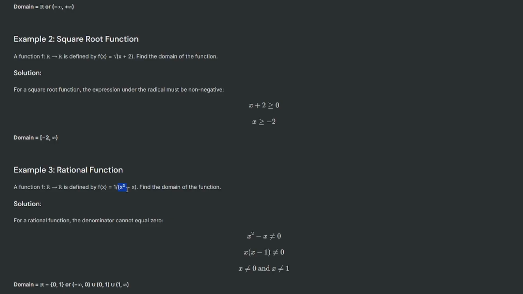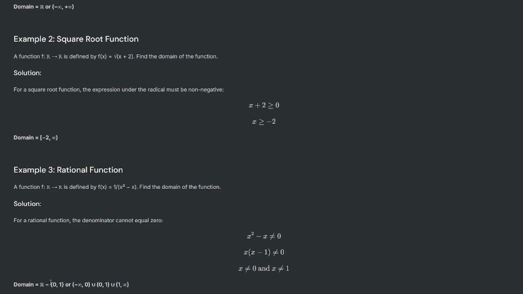We remember one thing: we cannot divide a number by 0. This is in the denominator, so it could not be 0. If you factor it, x could not be 0 and x minus 1 could not be 0, so x could not be 1.